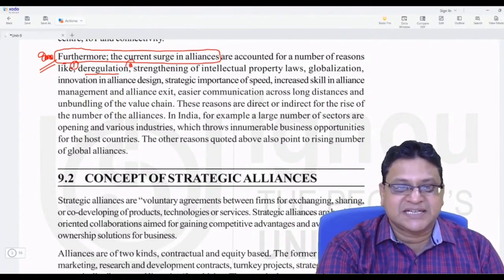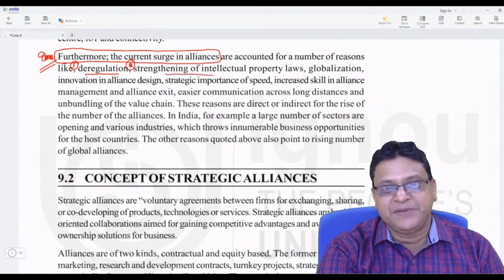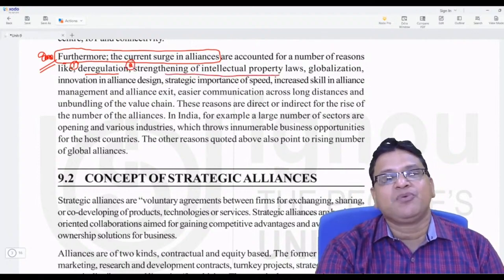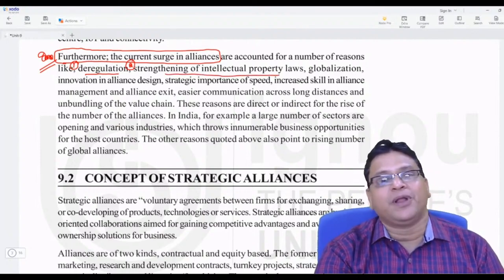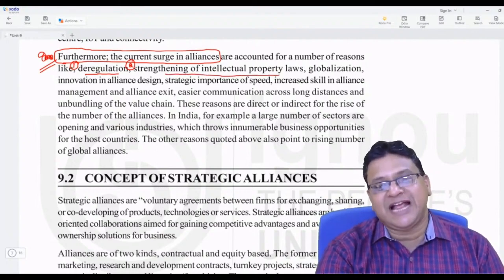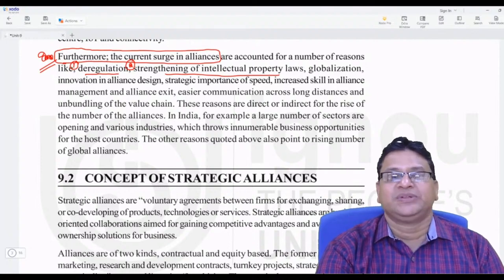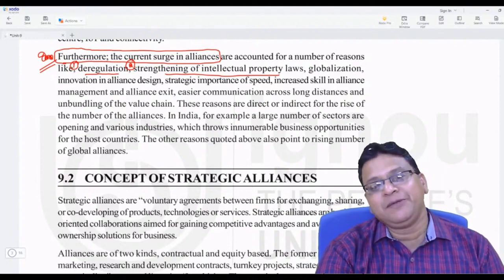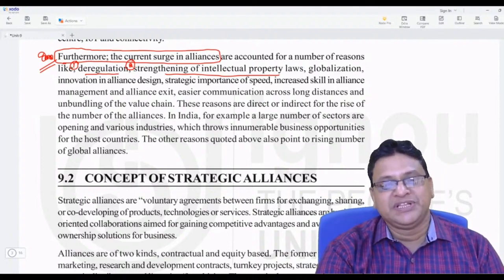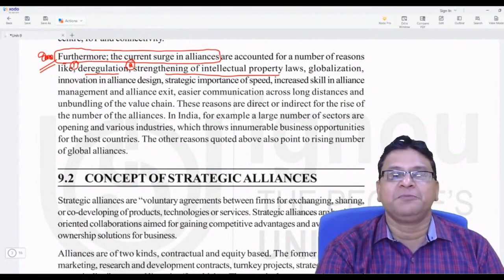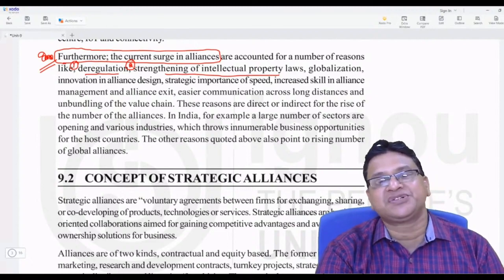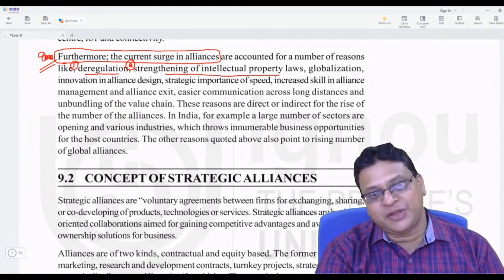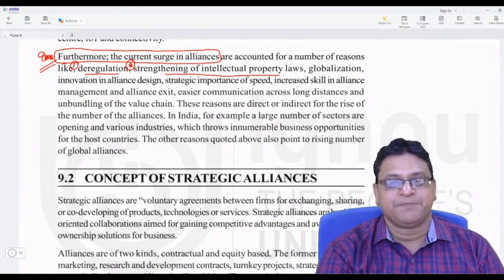Second reason, strengthening of IPR laws. Nowadays, you cannot copy a patented formula. If you have designed something new, then you have patented it. Anybody who wants to use that patent will either pay royalty to you or form an alliance with you and acquire the intellectual property.